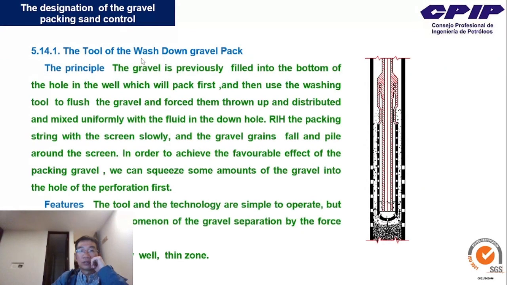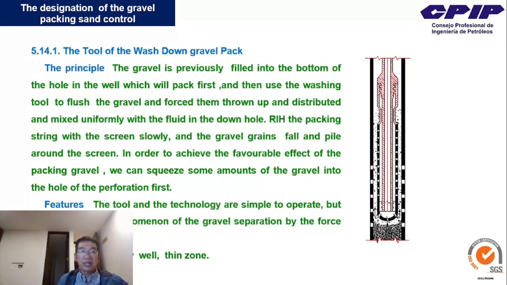The tool of the wash-down gravel packer. The principle: the gravel is previously filled into the bottom of the hole in the well, which is packed first, and then the washing tool is used to flush the gravel and force it up to distribute and mix uniformly with the fluid in the downhole.